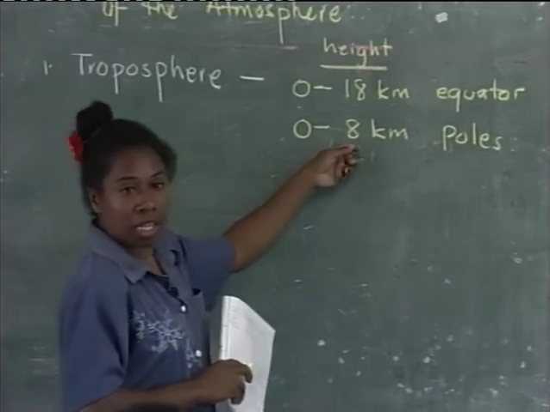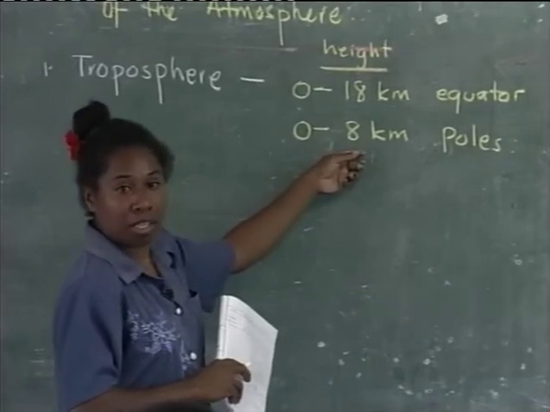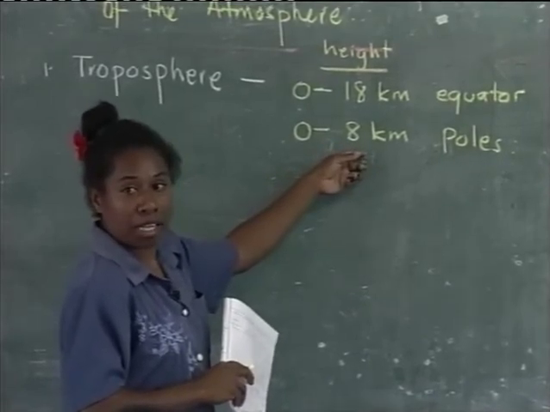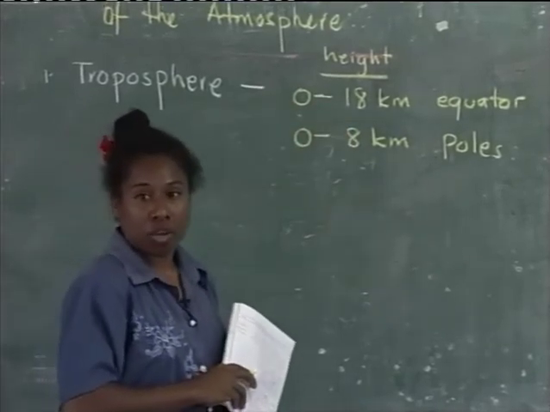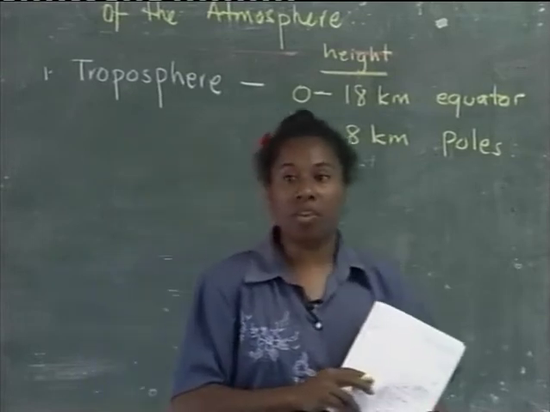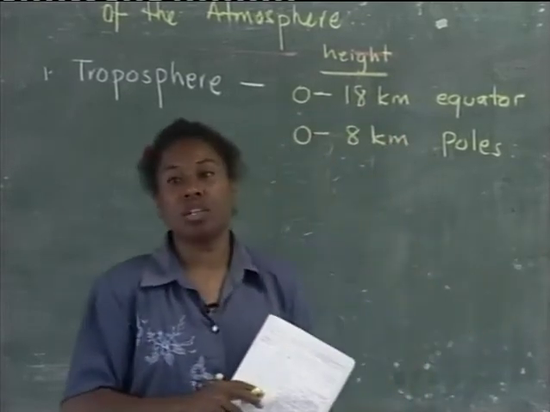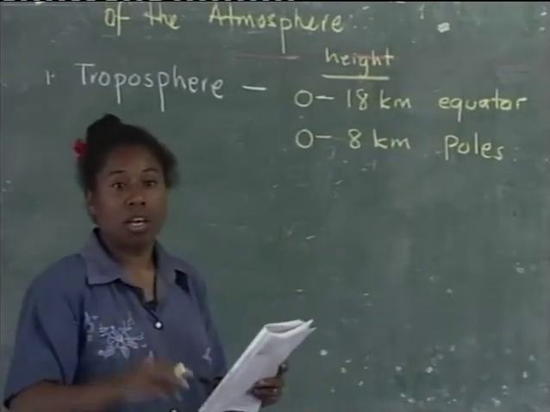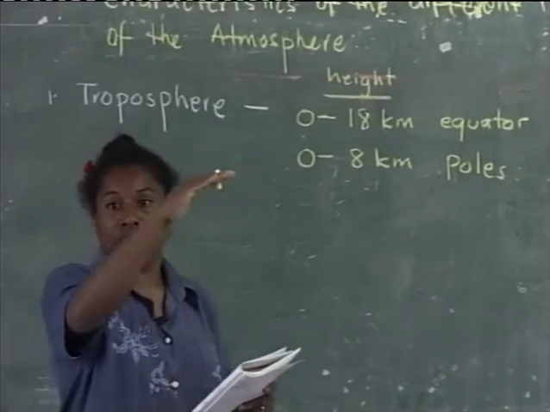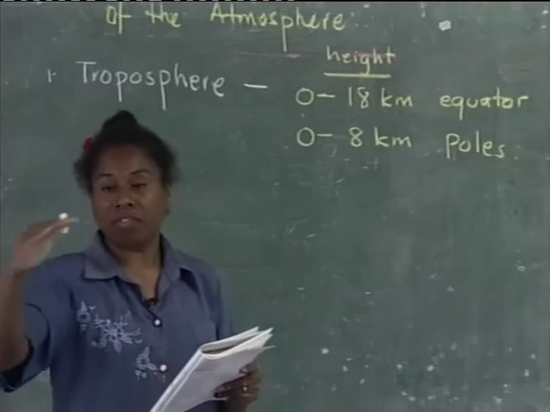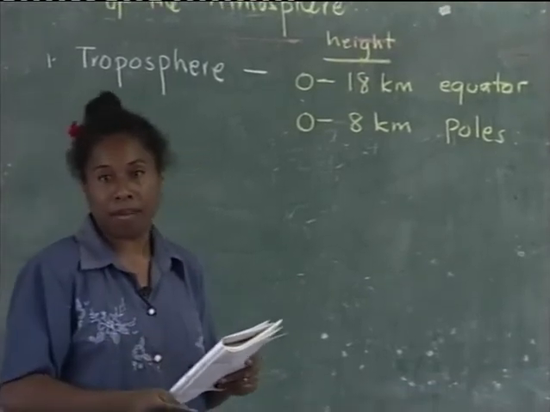At the poles, it's a little bit lower, about 8 kilometers. So from 0 to 8 at the poles and 0 to 18 kilometers at the equator. If you look at the way the troposphere is shown, it is not shown in a straight line across. In some diagrams, you will see that the cross-section will show the troposphere closer at the poles, but higher at the equator.